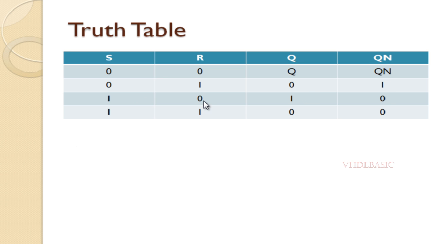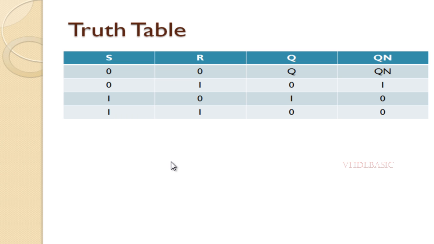If set is 1 and reset is 0, then the latch will go to the set state, which is Q equal to 1, Q bar equal to 0. If both the inputs are 1, then Q and Q bar both will become 0. This we need to avoid to maintain Q and Q bar as complementary. So we need to avoid setting both the inputs to 1.